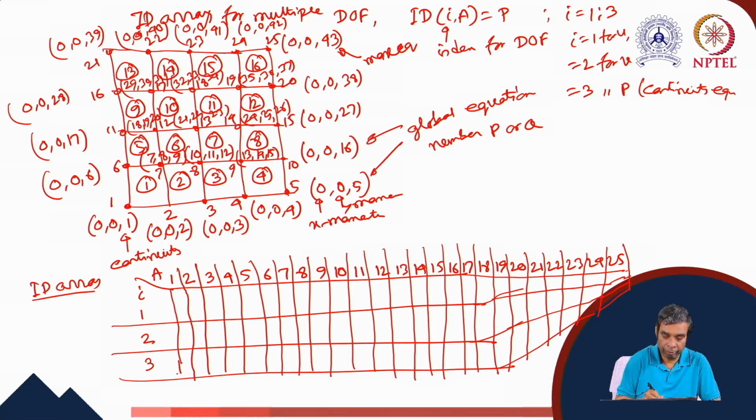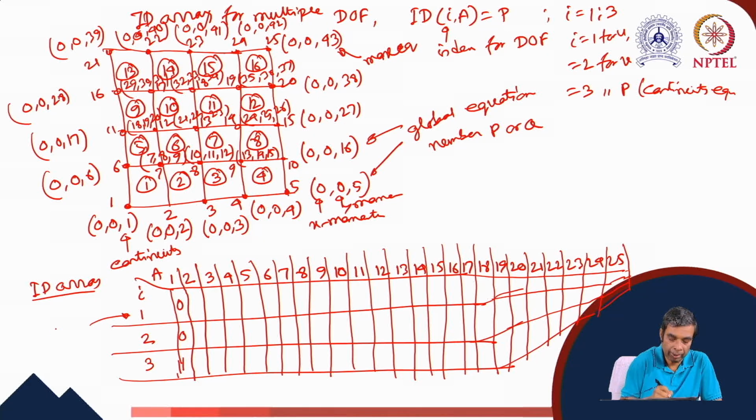So for the first global node, I equals 1, equation number is 0. For the second degree of freedom, this is 0, and the third is 1.